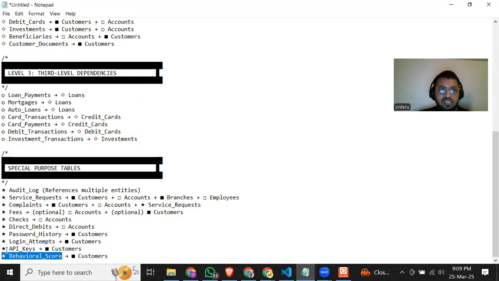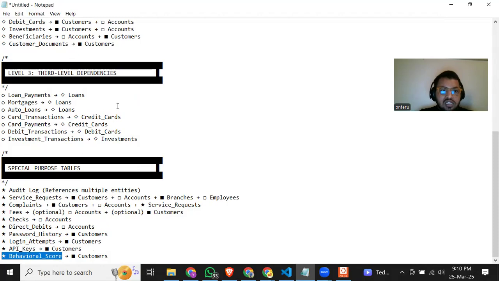I need to issue the loan to this guy, so how can I know whether he is a good guy or not? If he makes transactions on time, pays his credit card bills and other things, and maintains a good balance in his accounts, then based on all those circumstances, I'm going to build this behavioral score table.